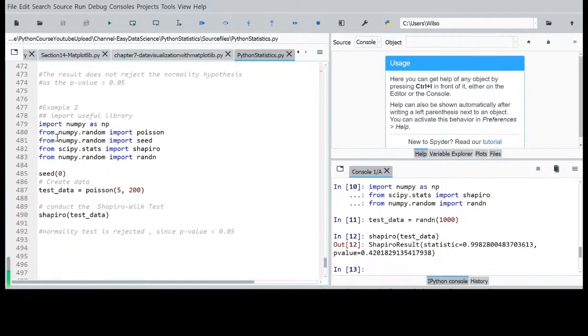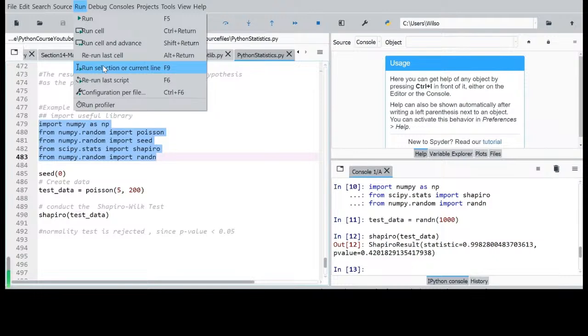Example 2, we also import several modules: NumPy and poisson, with which we will generate data from the Poisson distribution, the seed module to create a seed, and shapiro and randn.